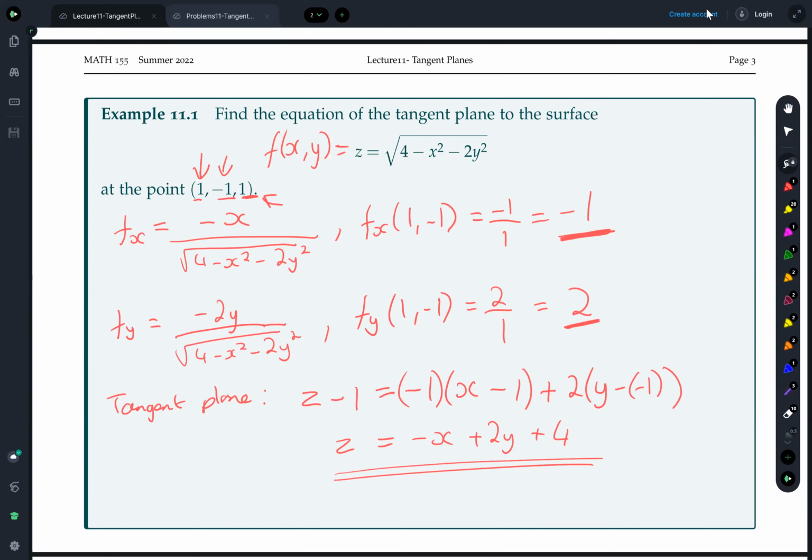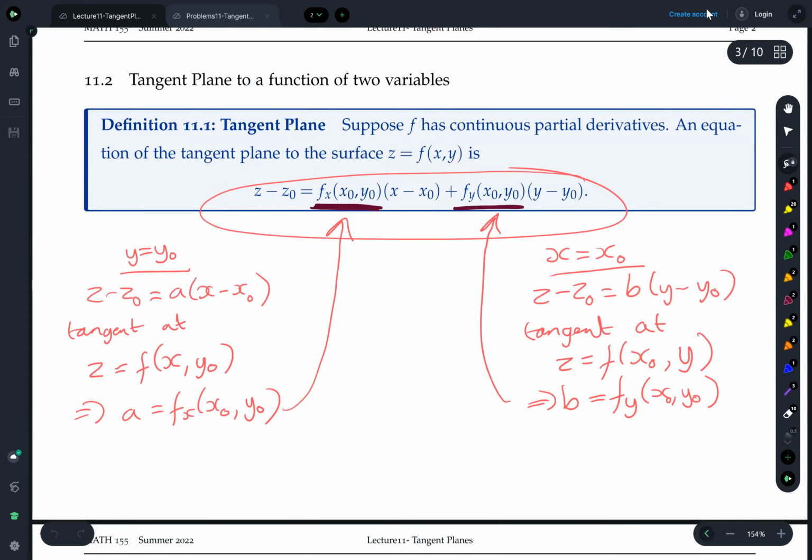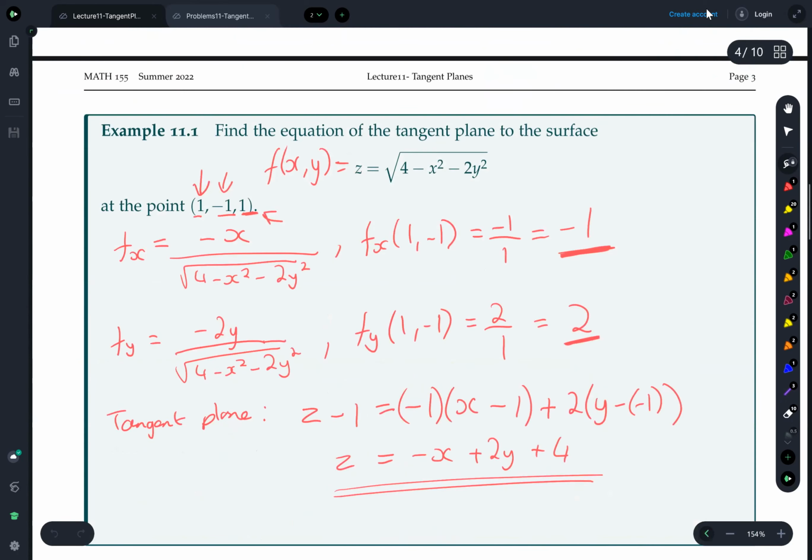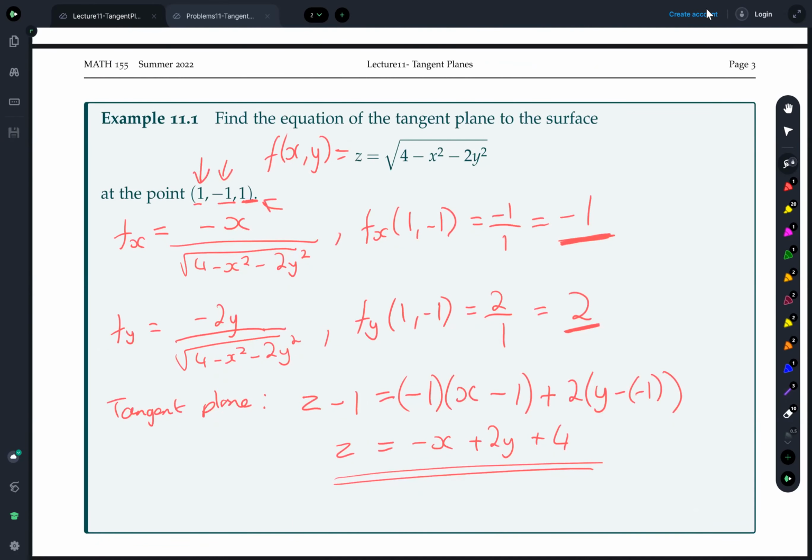So then all we do is we substitute in the x and y values into our partial derivatives. So we end up with a minus 1 for our partial derivative with respect to x, and 2 for our partial derivative with respect to y. And then we use that equation from the previous slide, our z minus z naught. And then we end up with an equation down here at the bottom. Z is equal to minus x plus, sorry, minus 2y plus 4.